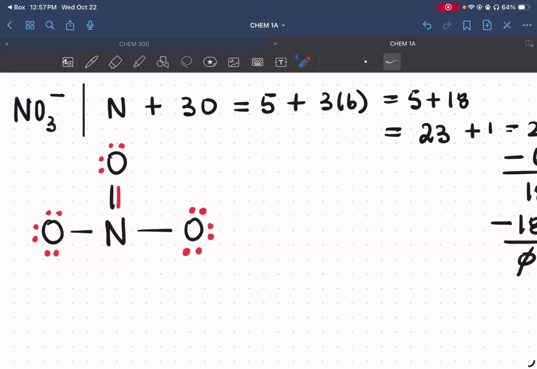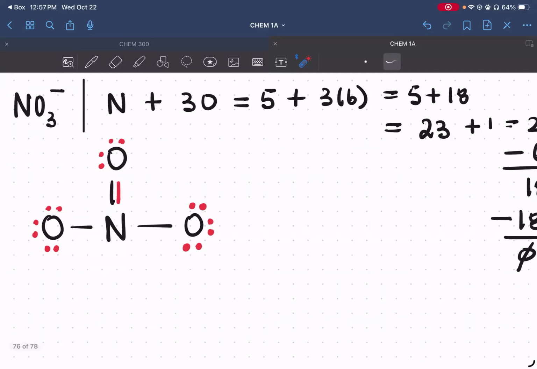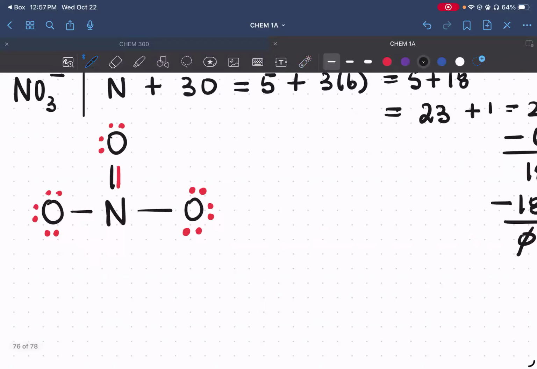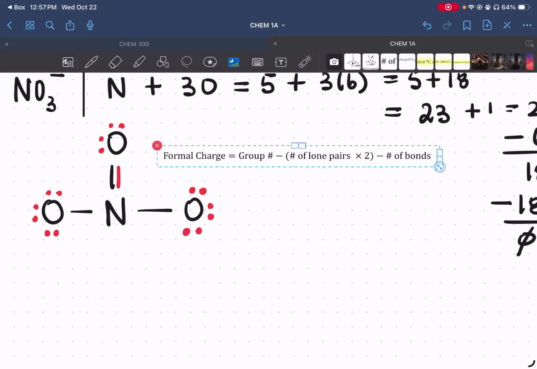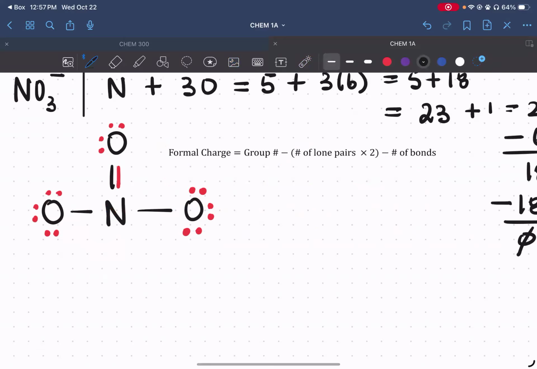Check happiness again. We just did that. Now we're going to calculate formal charge. Let me get that equation up here so we can just refer to it. Let's start with the oxygen on the left. I've used my subscripts FC, formal charge, O for oxygen, L for left.